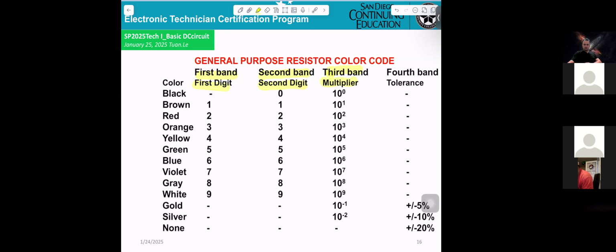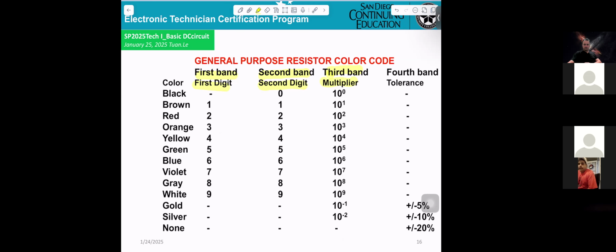So the answer will be you use the meter, DMM. A DMM can measure the voltage, measure the current, measure the resistance, measure everything.